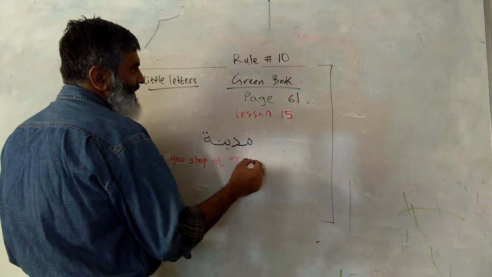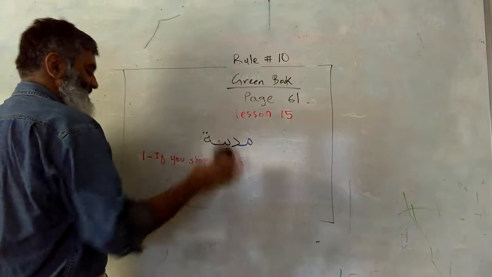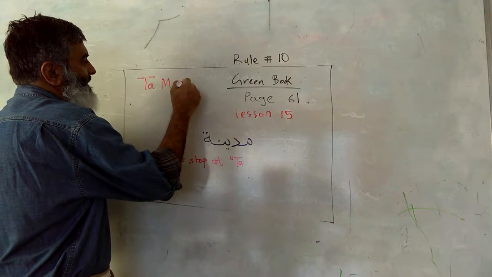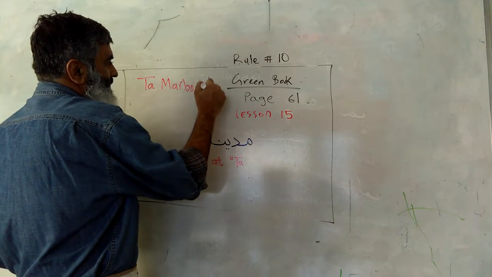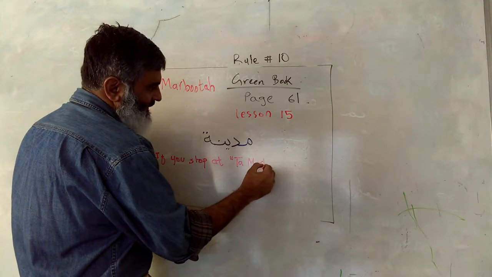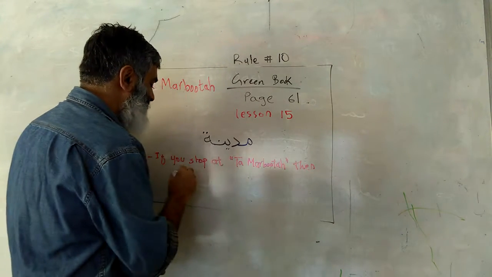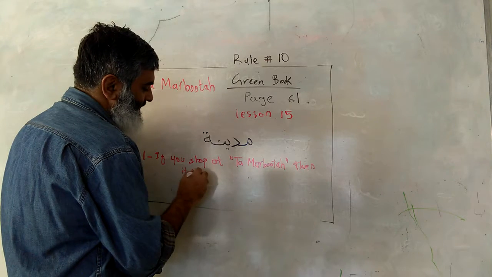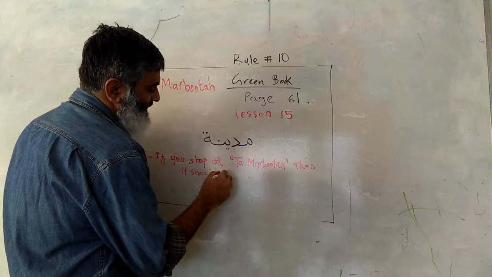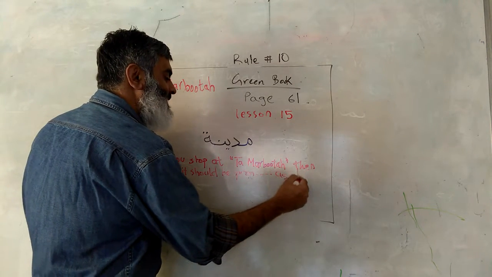So the rule says that if you stop at Ta Marbuta, then it should be pronounced as Ha, the simple letter Ha, which we learned in Arabic 1.